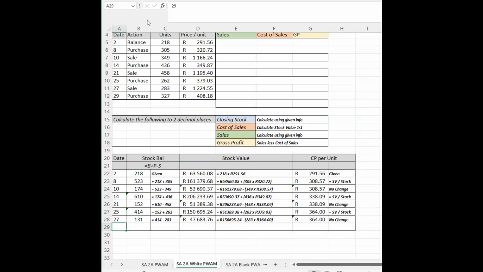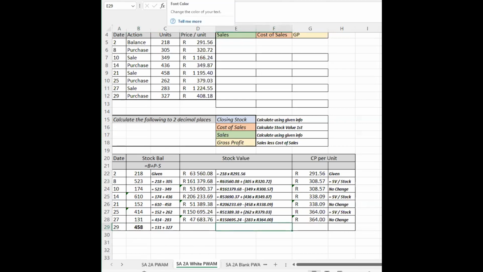Okay, and then finally, on the 29th, what we do is we purchase an additional 327 units, and we had 131 in stock, so we add the two together, and we end our month with 458 units.